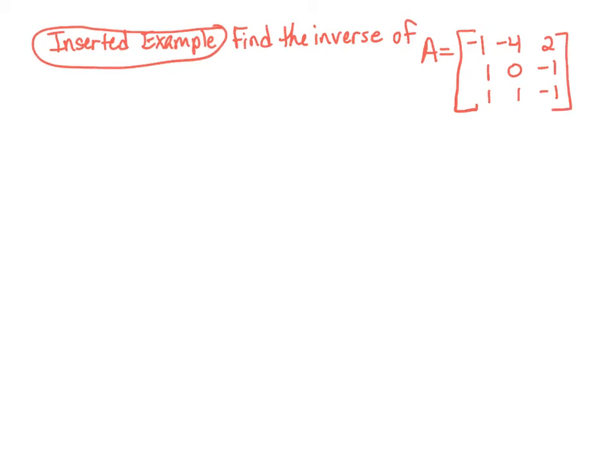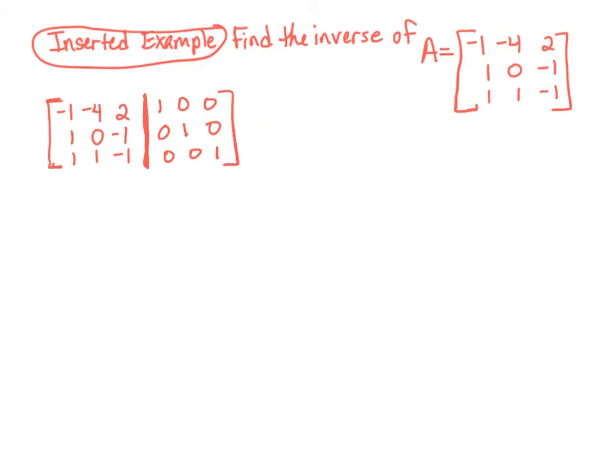Find the inverse of that matrix. So remember, the way you start that out, you just take the matrix that you were given. So you would take -1, -4, 2, 1, 0, -1, and 1, 1, -1, and then you put this line, which means you would join the 3x3 identity matrix. So it would be 1, 0, 0, 0, 1, 0, 0, 0, 1. Does that make sense?